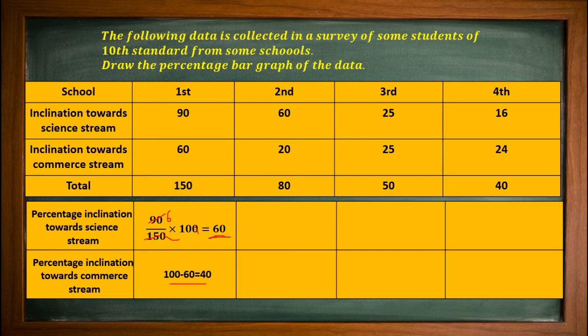Okay, now we'll move to the second, and that would be 60 out of 80. So 60 upon 80 into 100, so we'll get 75% here.